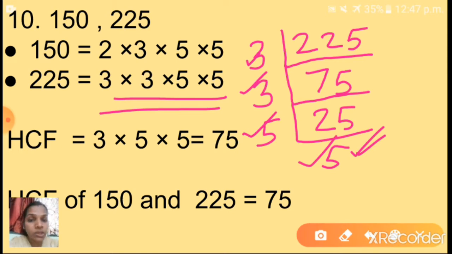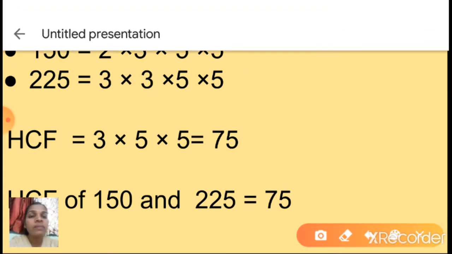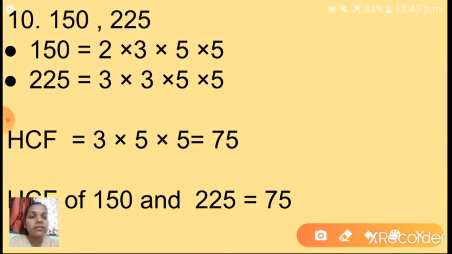Next step is what? We have to find HCF. That means highest common factor we have to find. For that, what do we have to do, children? Yes, the common factors of these two numbers we have to find. Here 3 is there, here also 3. So one time I have written 3. Into here 5, here also 5 is there.